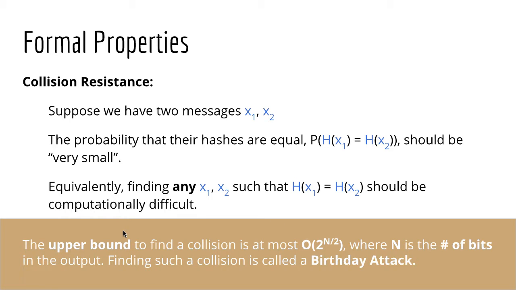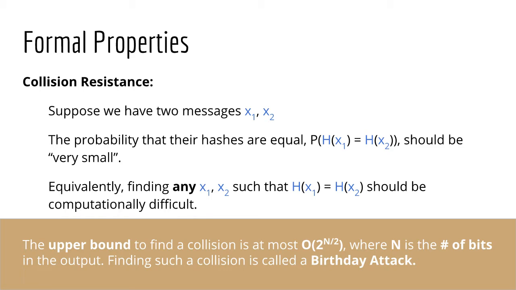And just an interesting side note: the upper bound in terms of computational complexity to find any collision in a general hash function is 2 to the n over 2, where n is the number of bits in the output. So for SHA-256, it has essentially 2 to the 128 computational complexity in terms of the number of hash attempts you have to try.